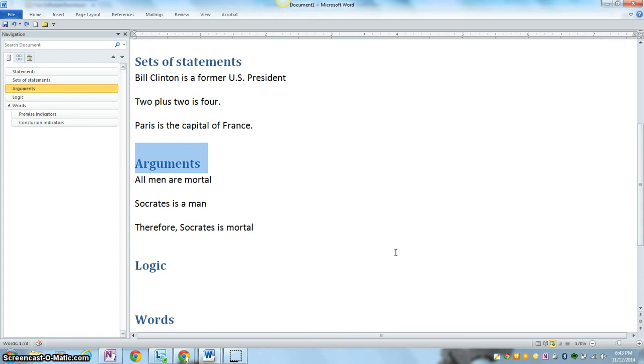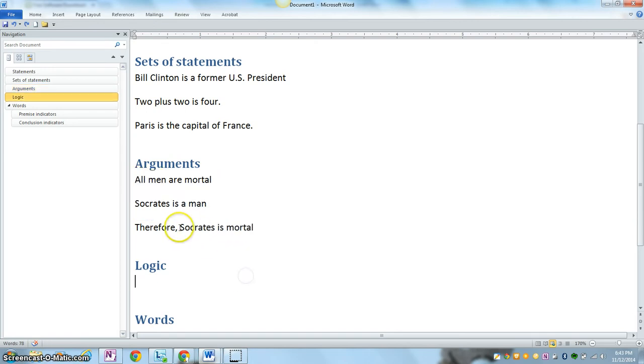Normally, an argument is understood as some kind of loud verbal disagreement or something along those lines. But an argument in logic is a different sort of thing. Again, it's a set of statements, one of which, this one in this case, is offered as supported by the others.